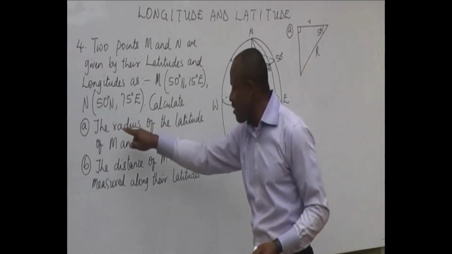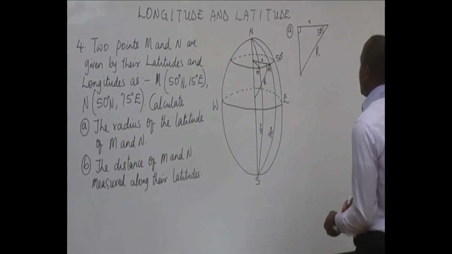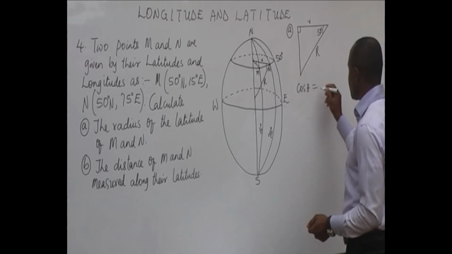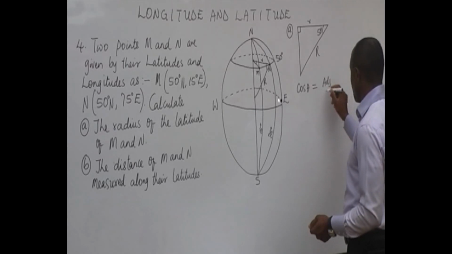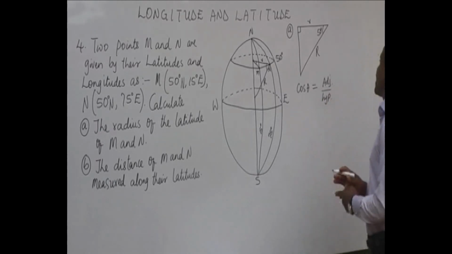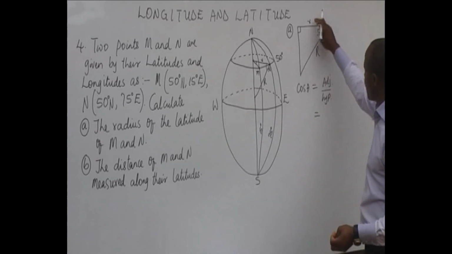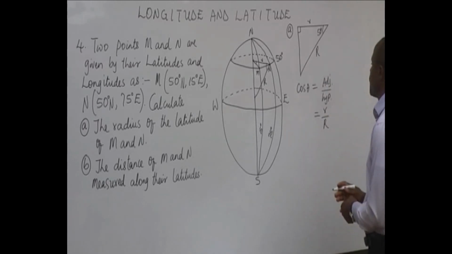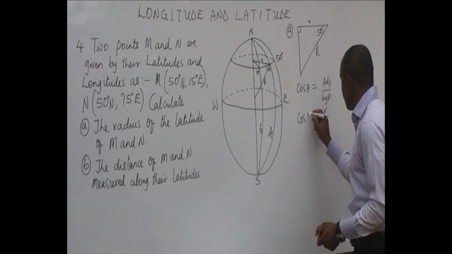It is the small r that is the radius of the latitude of M and N. Remember, our cosine theta will give us adjacent over hypotenuse. And the adjacent to this angle is r, all over hypotenuse, which is big R. That means our cosine theta, and this theta is 50 degrees.